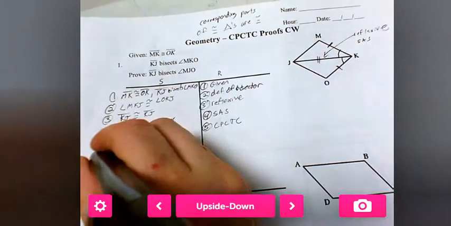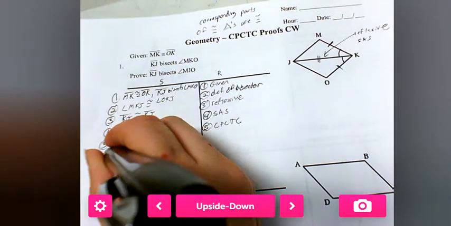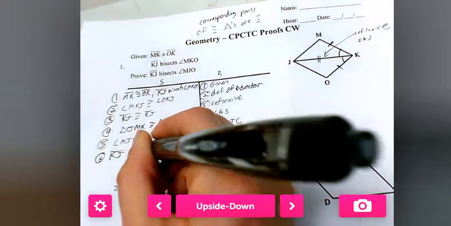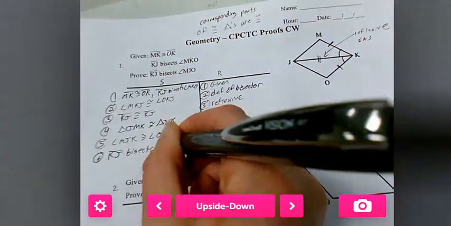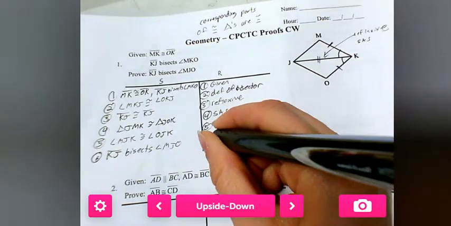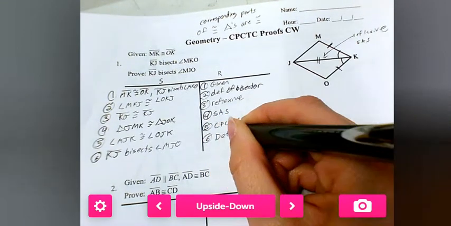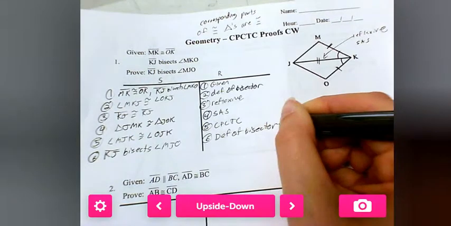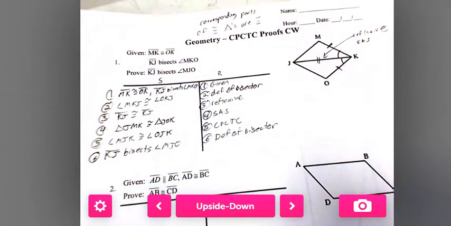And then I can say, step 6, KJ bisects angle MJO by definition of a bisector. Sound good?